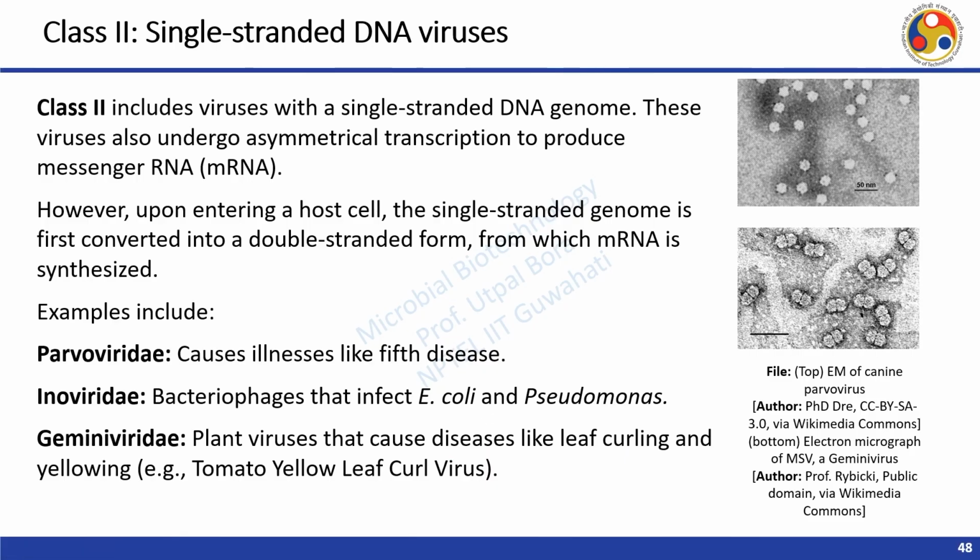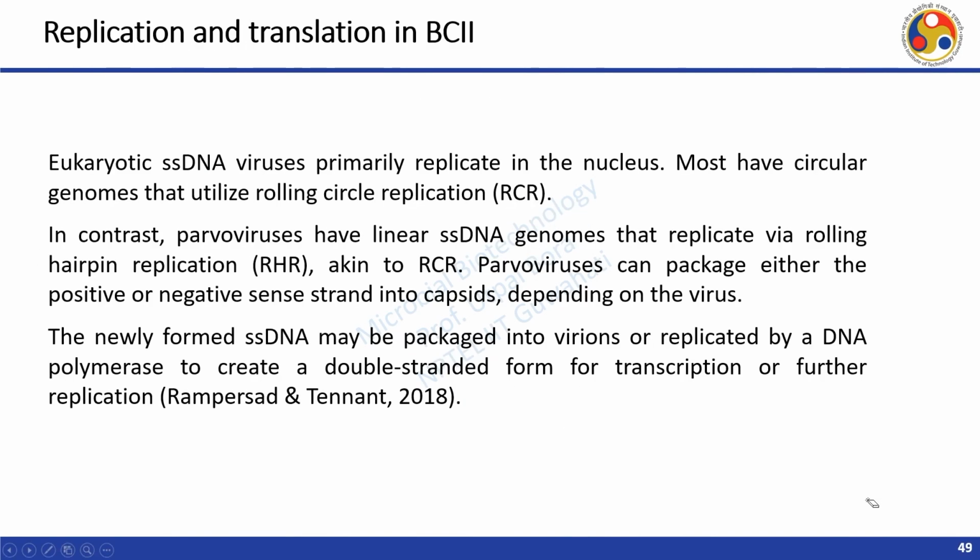So, here is the electron micrograph of canine parvovirus on top, and then we have on the bottom the Gemini virus, and you can see these particles always occurring in pairs, as the name Gemini suggests.